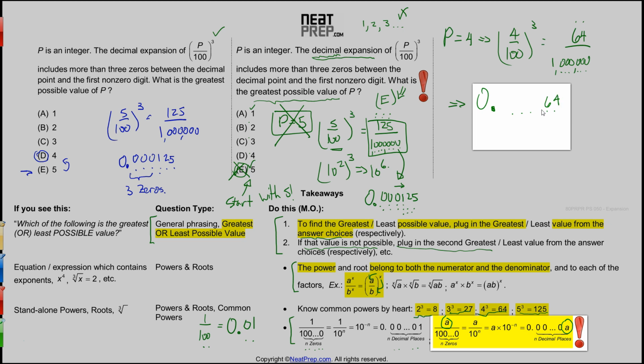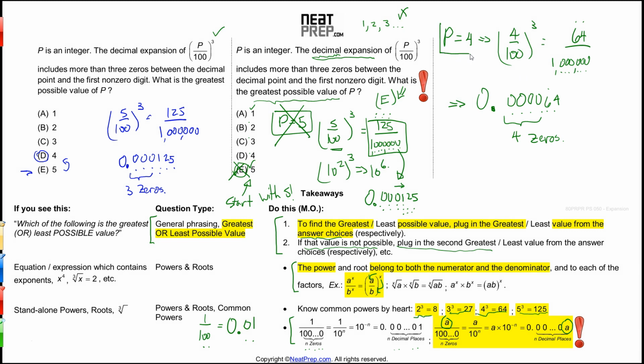The result is 0.000064. As you can see, there are more than 3 zeros between the decimal point and the first non-zero digit, which is, in this case, 6. Therefore, the greatest possible value for the integer p is 4, and the correct answer choice is D.